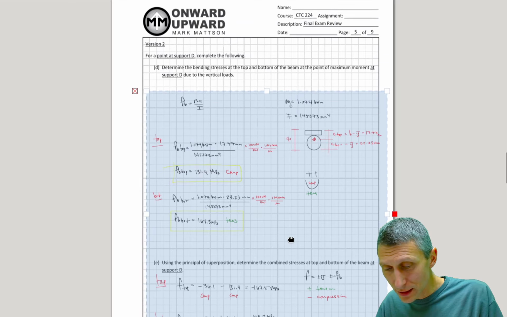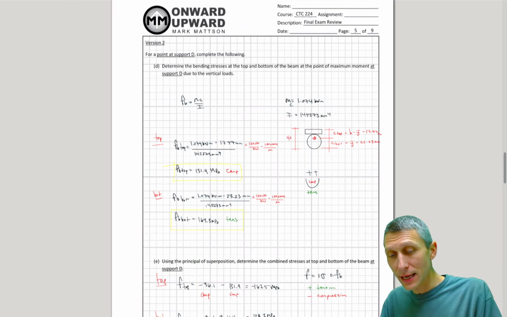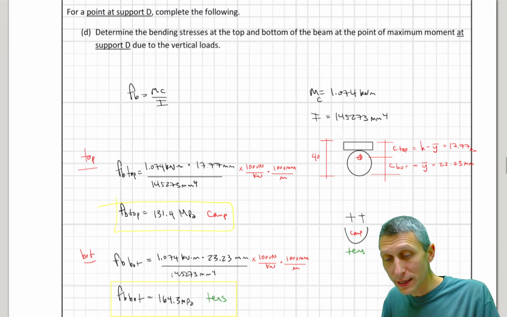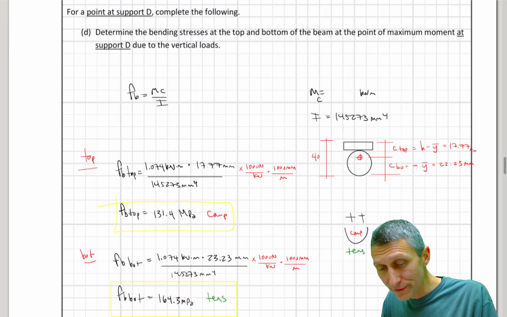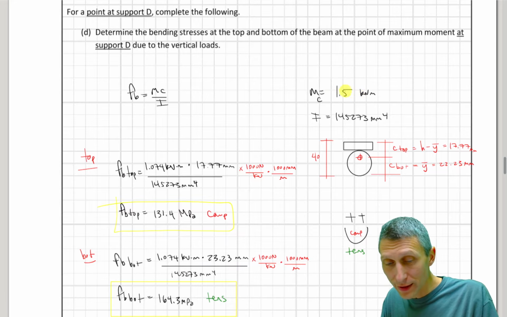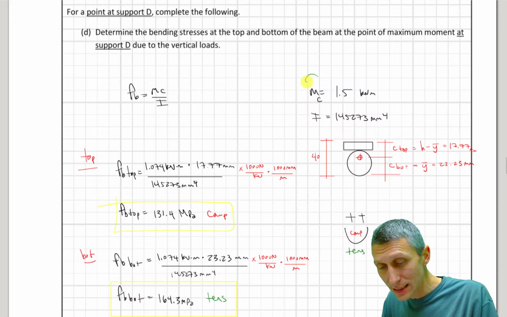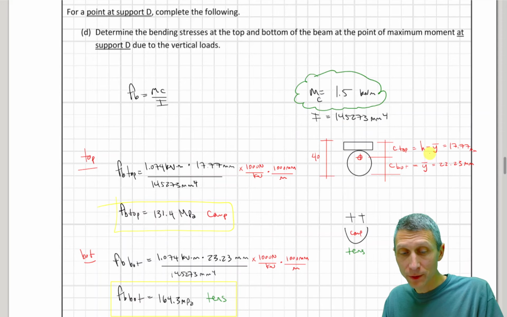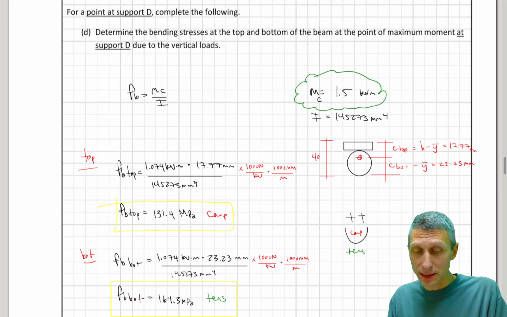What does change here is this moment went from 1.074 to now it's 1.5 kilonewton meters, right? So this changed. The I is the same, the C top, C bottom, that's all the same.